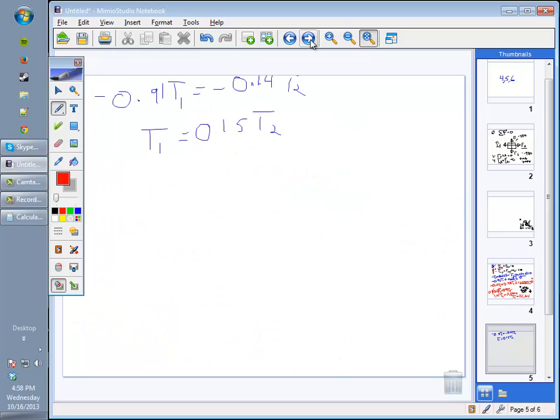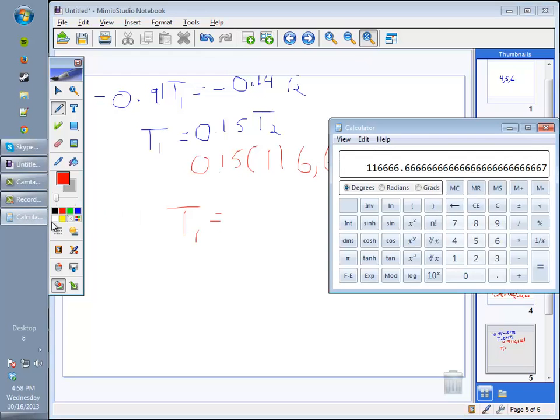You got that over here? So if that's the case, and if T2 is 116,666 times 0.15, then T1 is equal to basically that times 0.15, or 17,500 newtons.